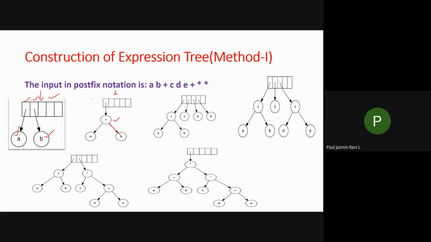Now parallelly, you have to do this in your notebook. I hope you are following and doing this in your notebook. Next, what is the next input? Anyone tell me what is the next input after plus? C, ma'am. Yes, what is the next input?